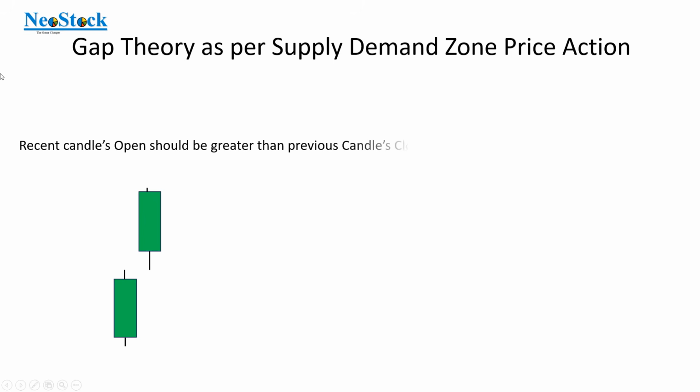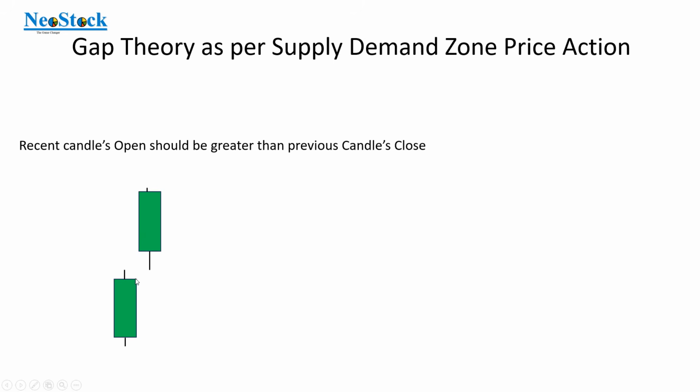So the recent candle's open should be greater than the previous candle's close. What is the recent candle's open? This is the open, that is the low of the candle body because this is a bullish candle. And what is the previous candle's close?